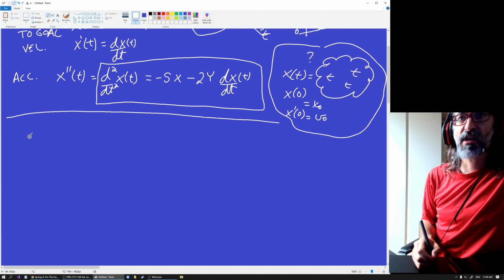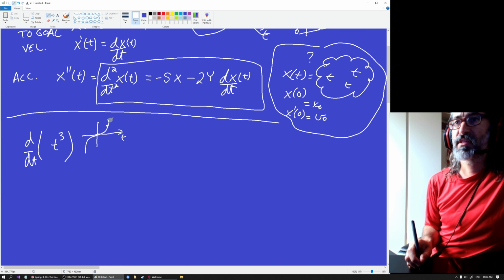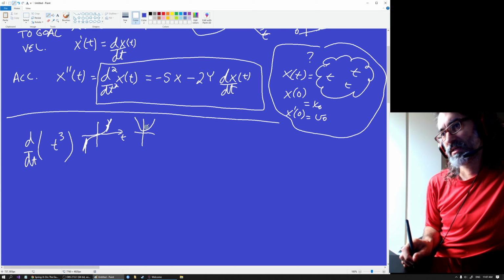It's going to look like this: that's t squared, and we know the derivative here is positive, and here is also positive, so the slope is positive.